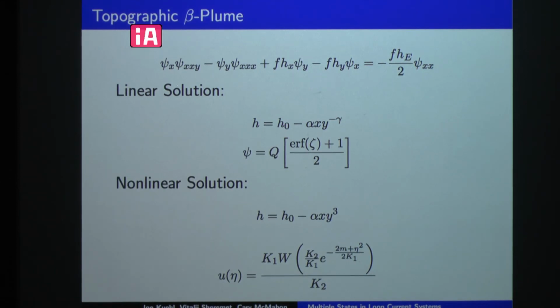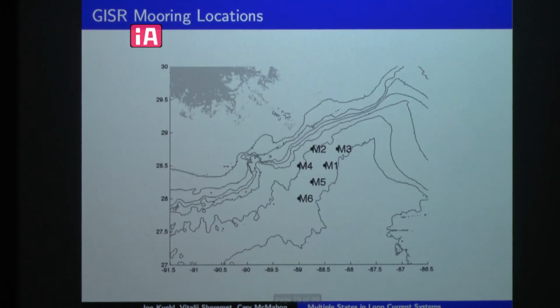And this is thought to be responsible for a lot of deep water formation. If you analyze the topography where the eddies shed, it's cubic, which is really kind of cool. So that's actually something we're trying to look more into. But just know, for the steady loop current case, we're in a beta plume solution, and we have some analytical work done there. This is just kind of a nice side note.